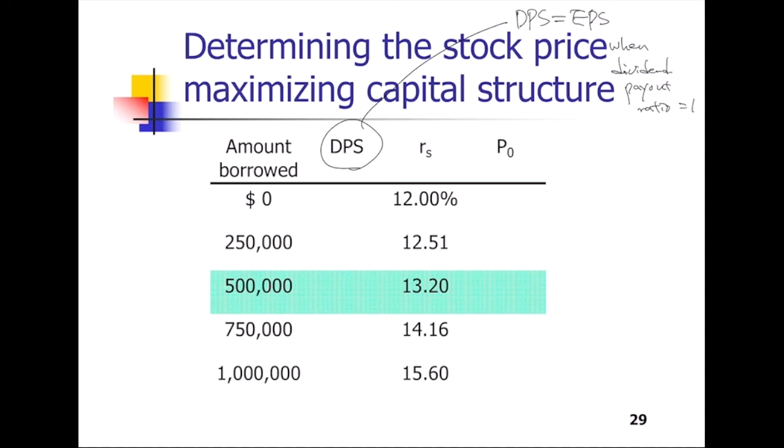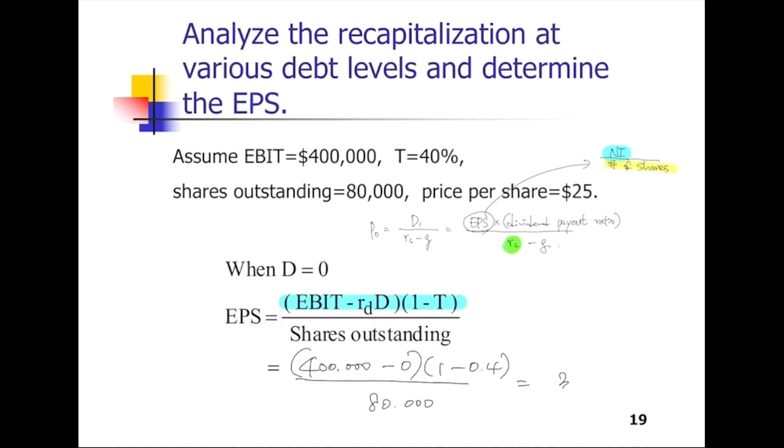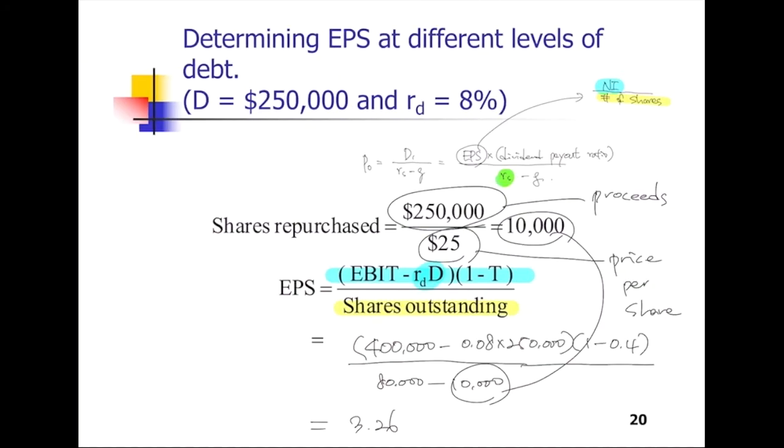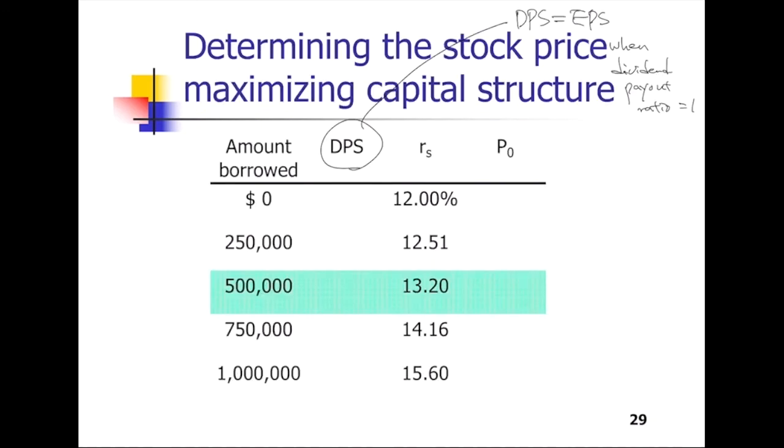So we already calculate EPS here, right? Yeah, when debt is equal to 0, EPS is 3. That increased to 215,000. EPS is 3.26. So we can input the numbers.